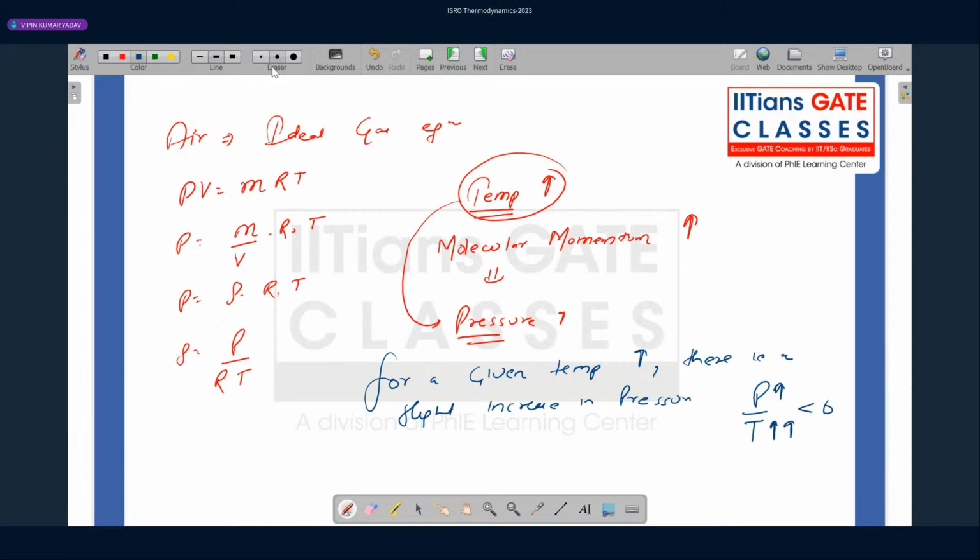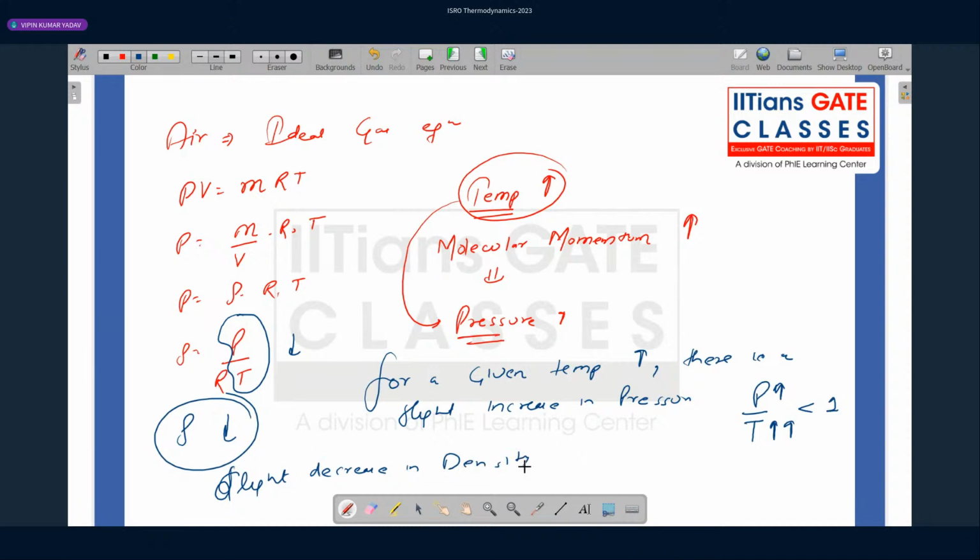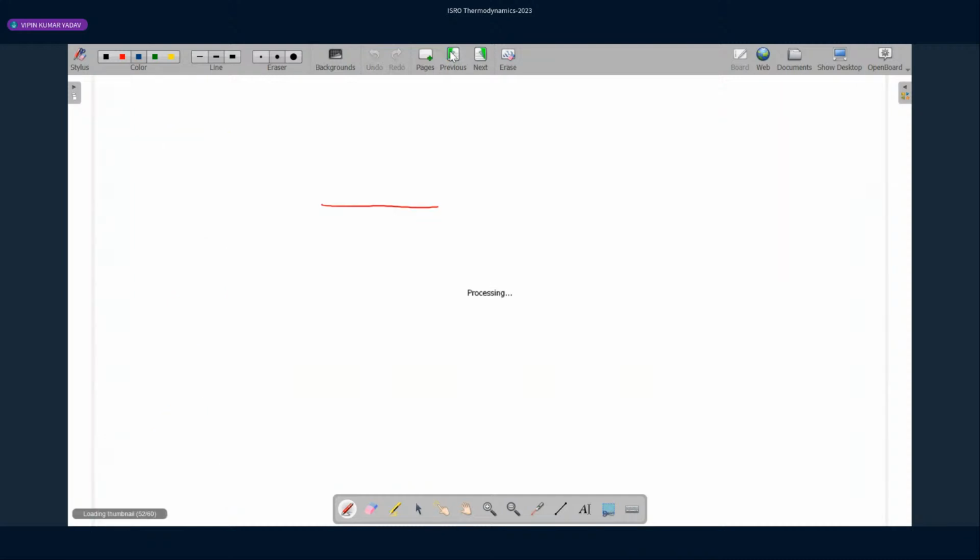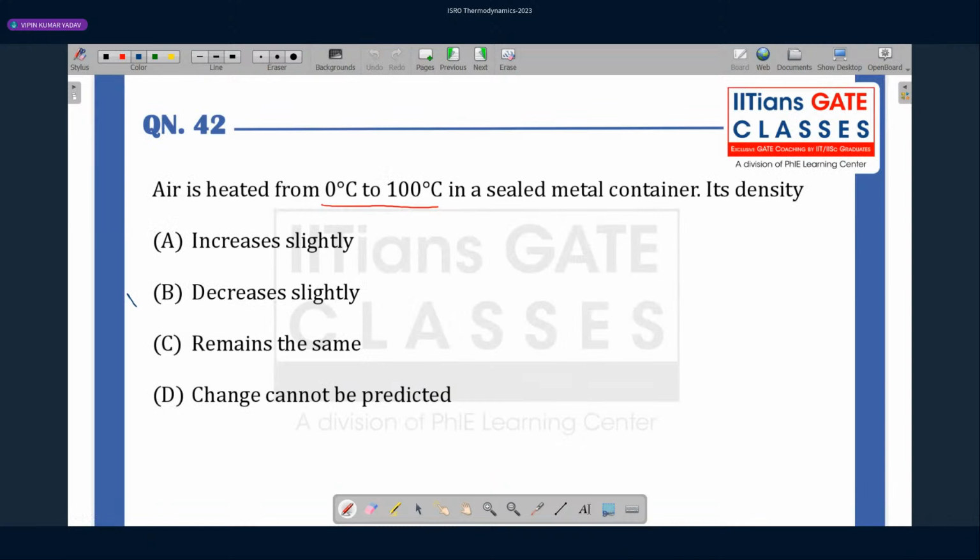This value is decreasing. So because of this reason, this P by T ratio is going to decrease, and therefore density is also going to decrease, but slightly. You will see a slight decrease in density. Okay, so I hope it is clear. So decreases slightly is the correct answer.